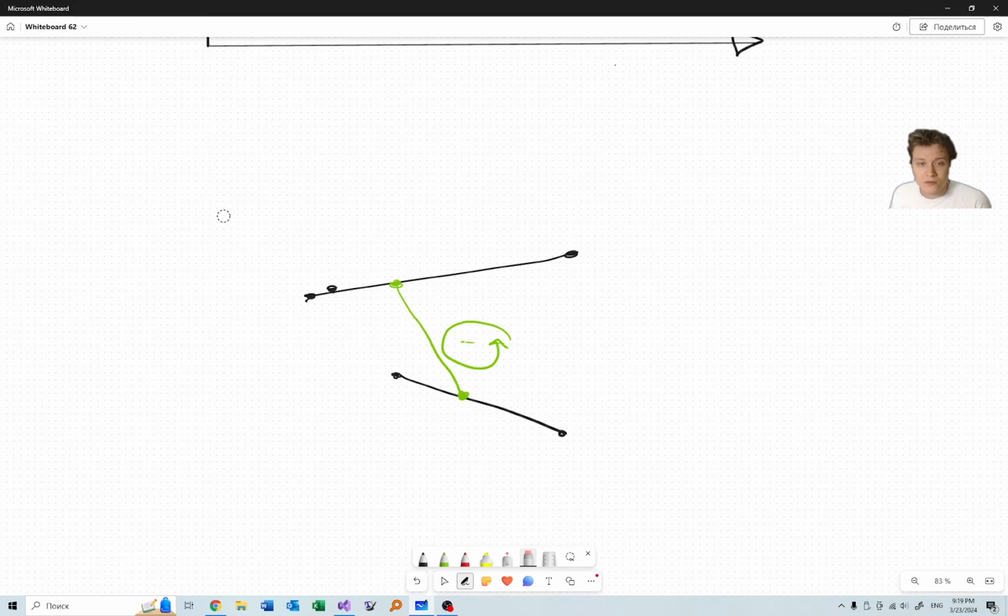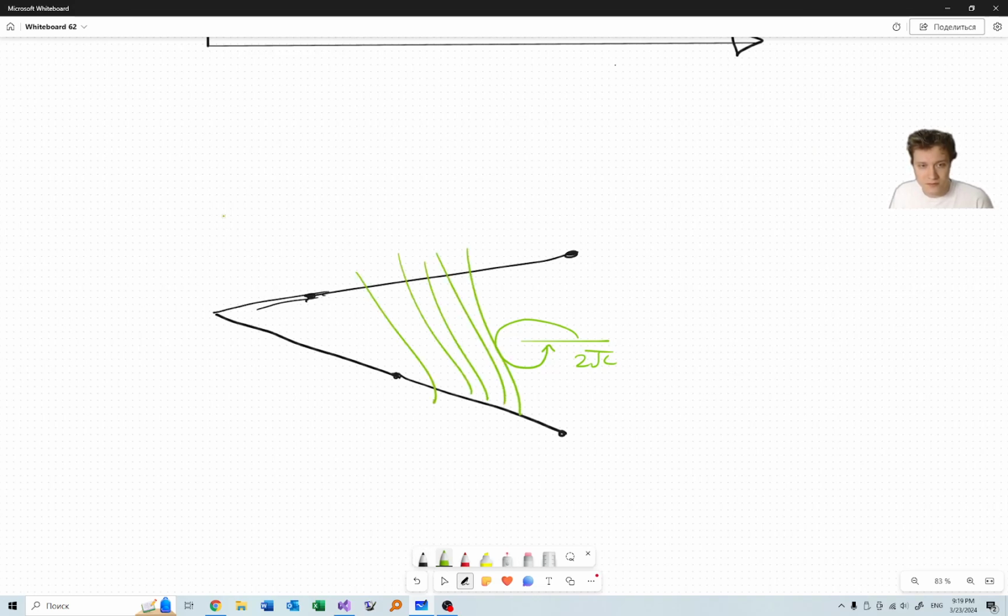Okay, let's integrate over all possible directions of our segment. There are 2 pi directions. For each direction, it is limited by... First of all, we still have some angle in which there are these segments.